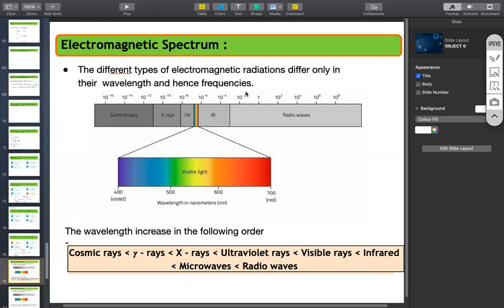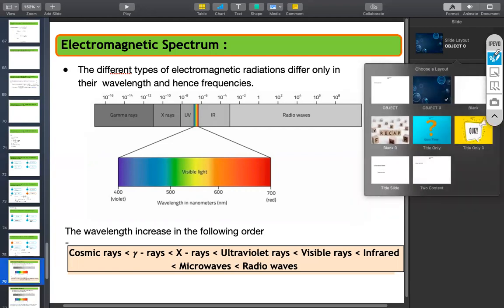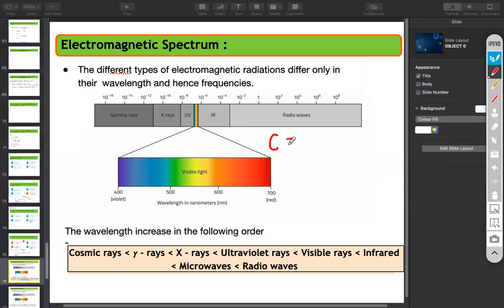So there are other electromagnetic radiations also. They differ only in their wavelength and hence frequency, because wavelength and frequency are inversely proportional. How? We just saw C is equal to nu lambda.